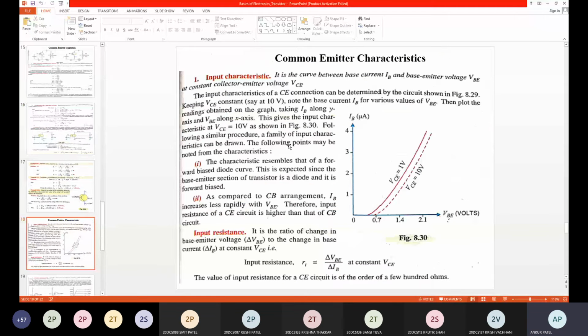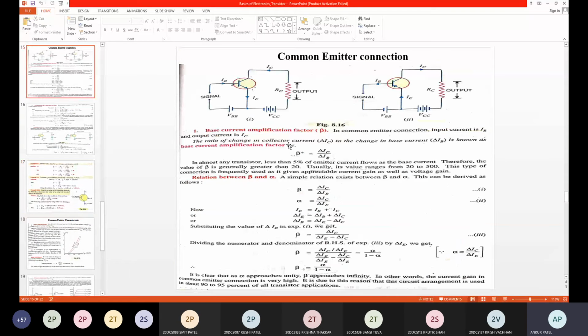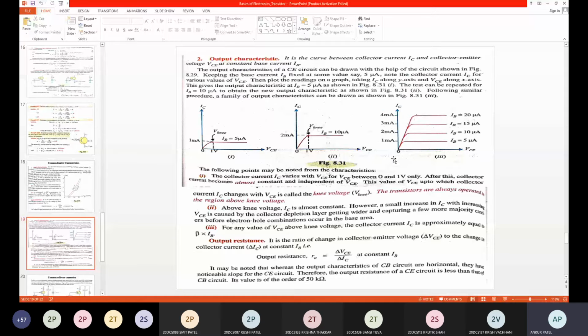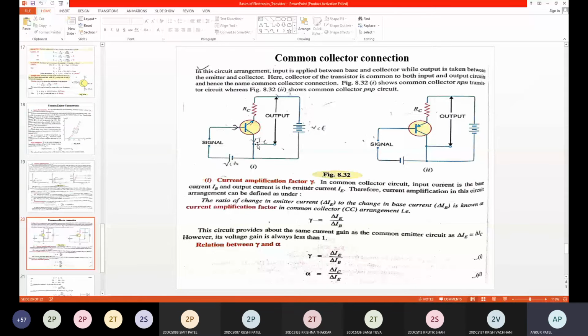So this is the common emitter connection. The emitter is connected as a common, or connected to the ground. Okay, this is common collector. Here the collector is made common or grounded.